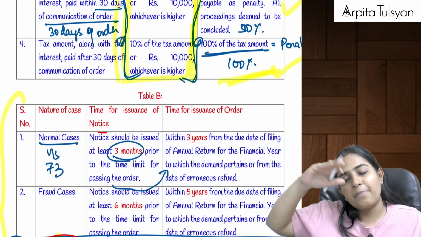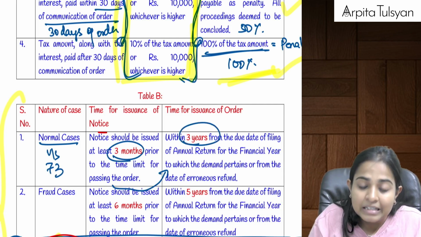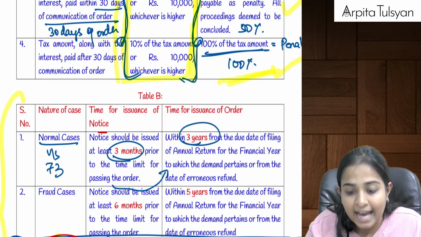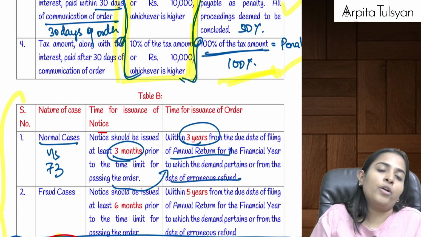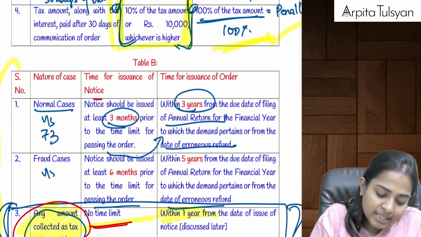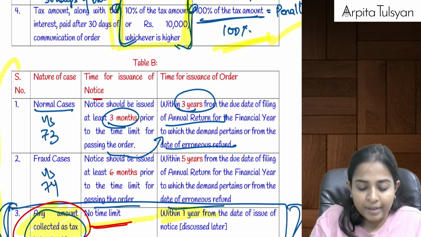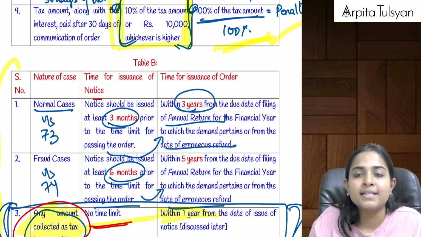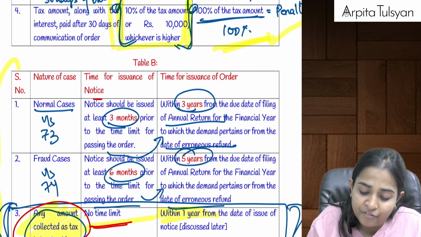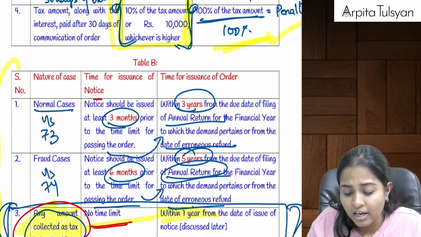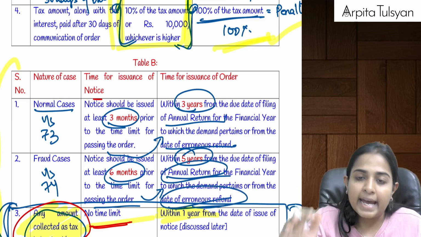The order should be passed within 3 years from the due date of filing the annual return, or 3 years from the date of erroneous refund. In case of Section 74, show cause notice should be issued 6 months prior to the date of passing the order. The order should be passed within 5 years from the due date of filing the annual return, or 5 years from the date of erroneous refund.